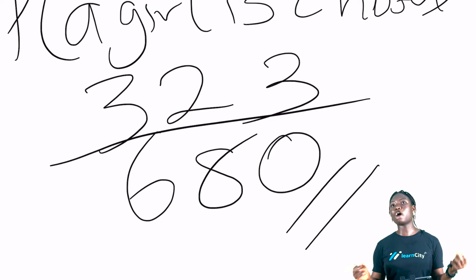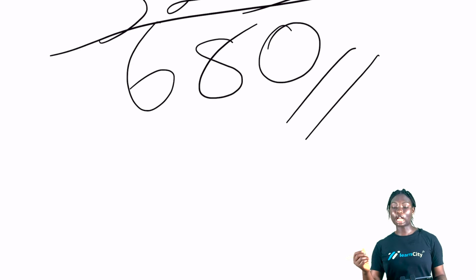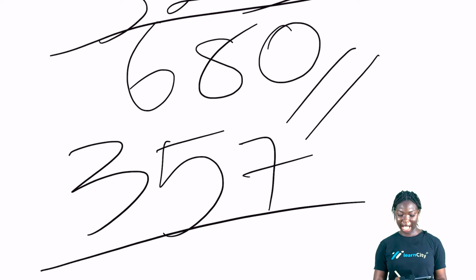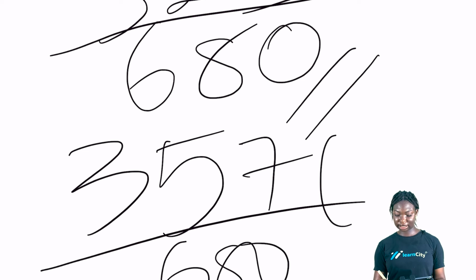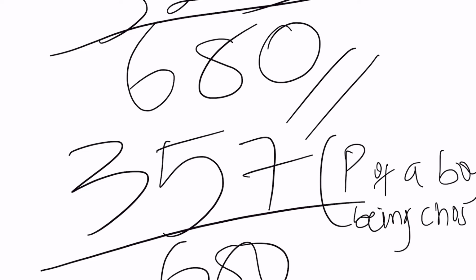So the probability of which a boy is chosen will now be the total number of boys, which is 357 over 680. This is the probability of a boy being chosen.